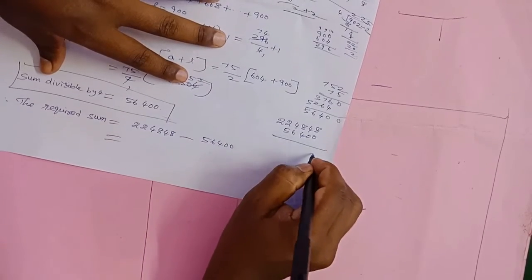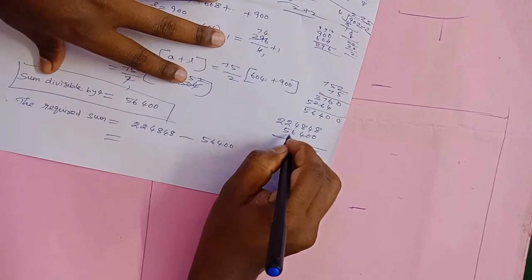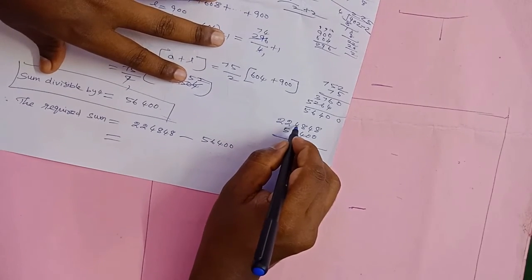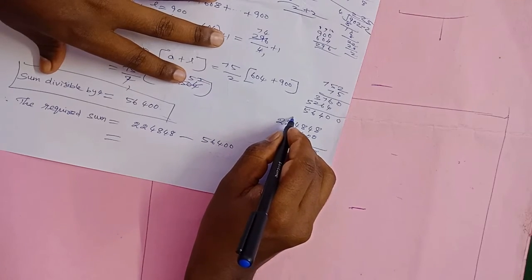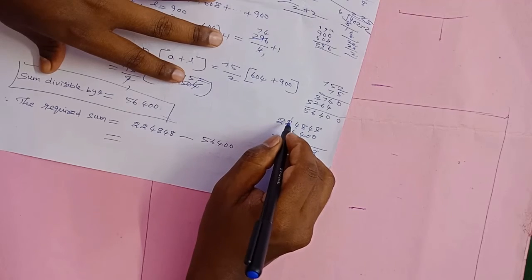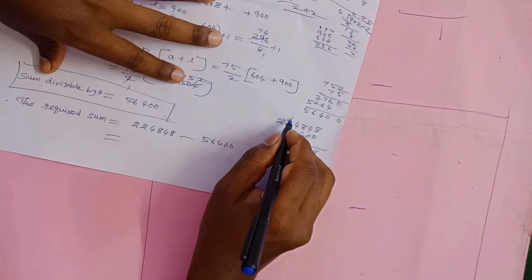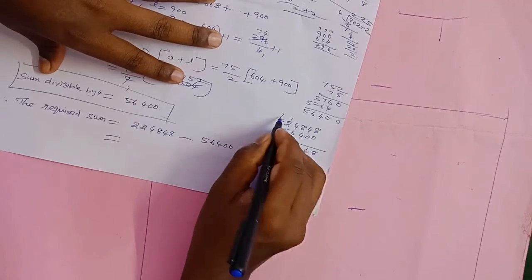8 minus 0 is equal to 8, 4 minus 0 is equal to 4, 8 minus 4 is equal to 4, 4 minus 6, we cannot subtract, borrow 1, it is 14, 14 minus 6 is equal to 8. When it gives 1, it will become 1, we cannot subtract, so it is 21. Give 1, it will become 11, 11 minus 5 is equal to 6, when it gives 1, remaining 1.